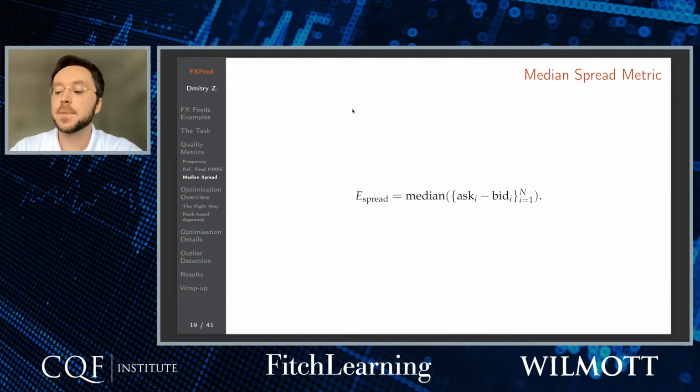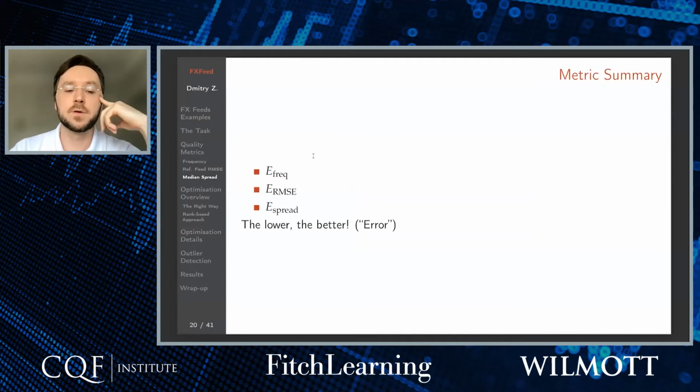And again, consumers tend to prefer tighter spreads. So again, the lower the metric, the better. To summarize, we've got three metrics: one for frequency, another for reference feed distance, and the third for the spread. Metrics that we would like to minimize.